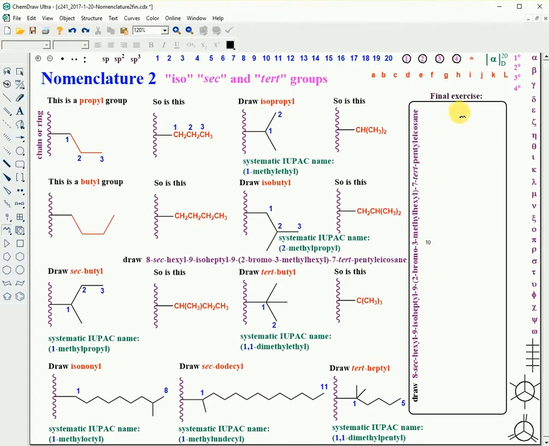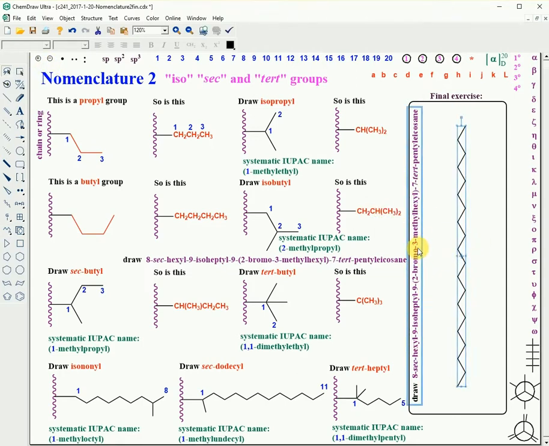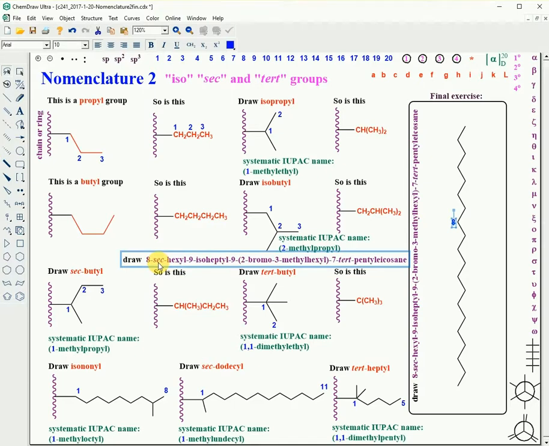Should put it more towards the middle here. We have on carbon 8, 2, 4, 6, 8. We have a hexyl that is a sec pattern.